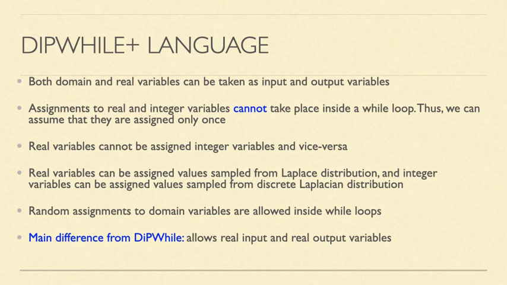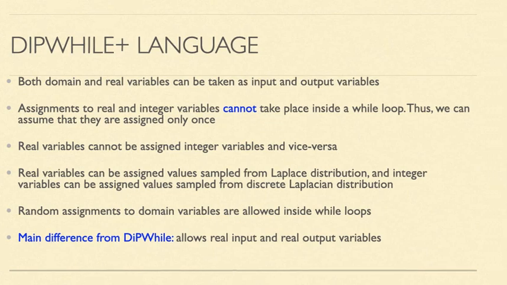Only domain and real variables can be used as input and output variables in DiffPlus. In Diff, we only allow domain variables to be used as input variables. So really the main difference from Diff is that we allow real variables to also be used as input and output variables.